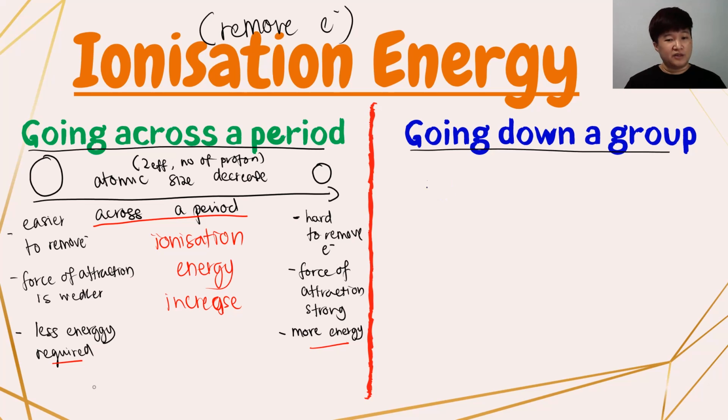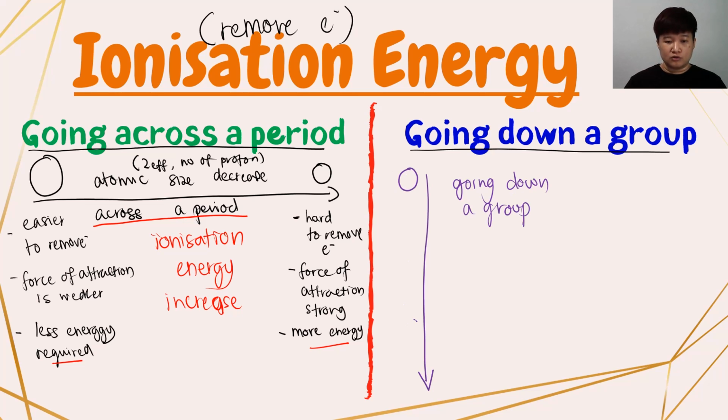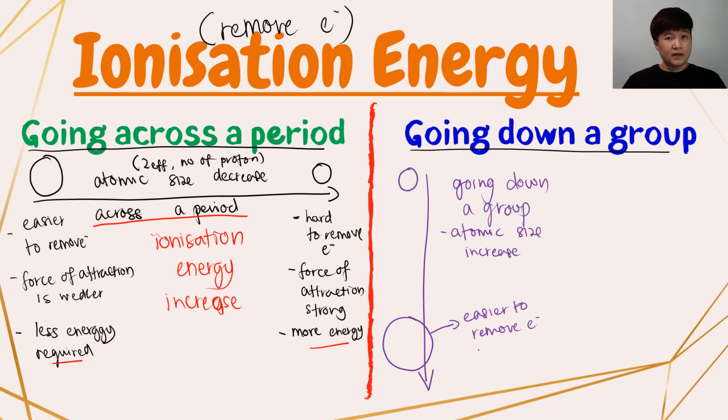And what would happen when you go down a group? Okay, so when you're going down a group, everybody knows that the size will become bigger. So from small to big. And when the atomic size increases, we know that in this big atom, it's easier to remove electrons. Why is it easier to remove electrons? Because the force of attraction from the nucleus to the valence electron is weaker.